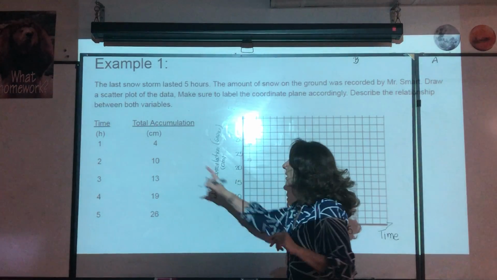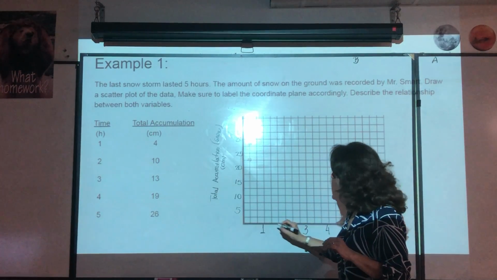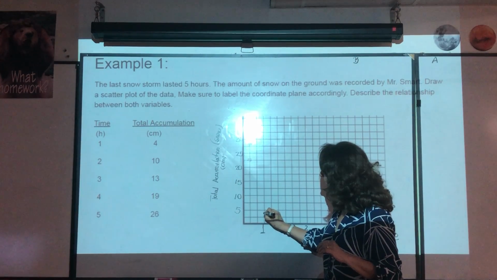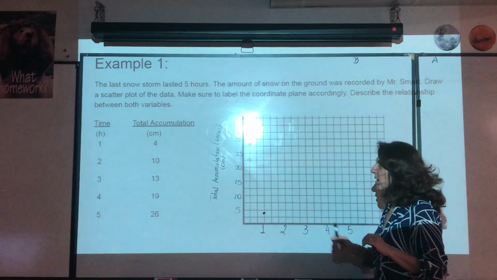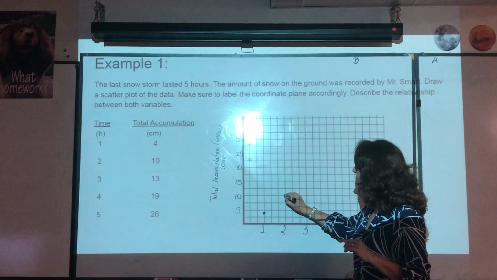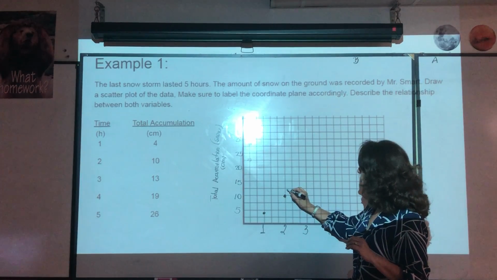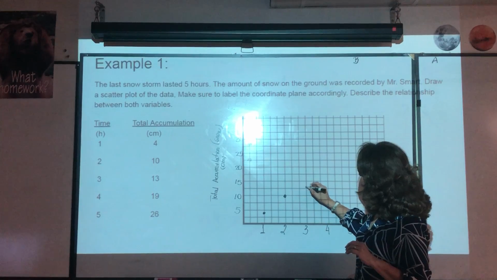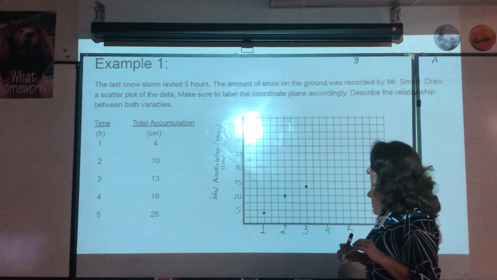So let's see. After 1 hour, I have 4 centimeters. So 1 hour, this is a point right here, 4 centimeters of snow. After 2 hours, 10 centimeters of snow right here. After 3 hours, 13. So this would be 12, let's say over here.